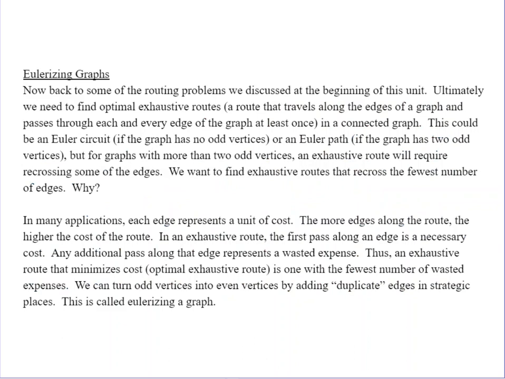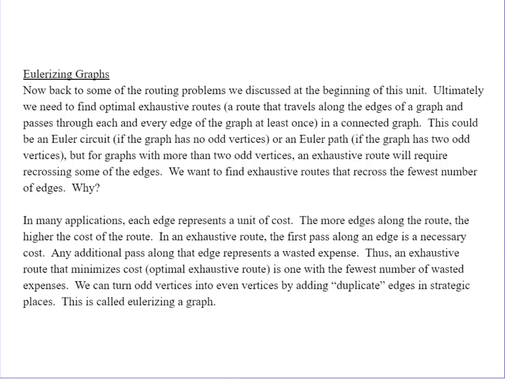Like if you're looking at an Amazon truck, if they have to retrace their steps, they are spending more money in gas and they are spending more time, so they have to pay their driver more money because he's working more hours. Every time they retrace their steps, it costs money.